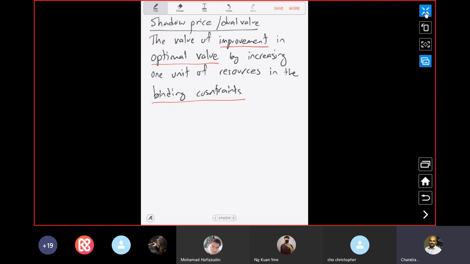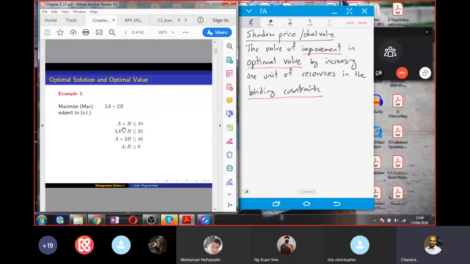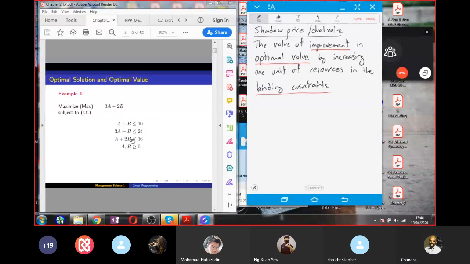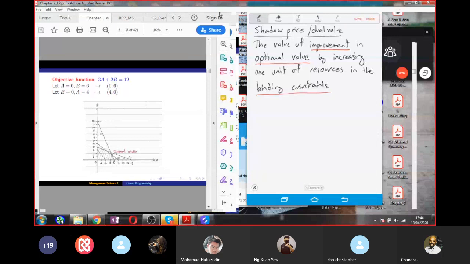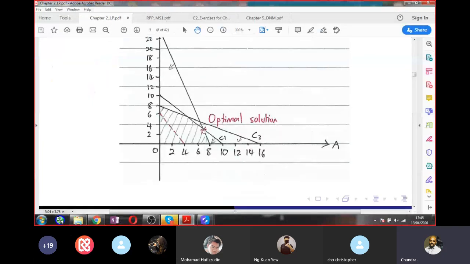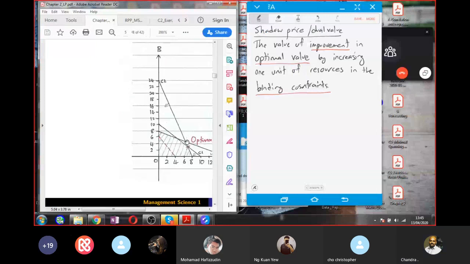When we do this question, first example, what would be the binding constraint? Okay, the binding constraint here is, if you look properly, the constraint that develops the optimal solution, that is C1 and C2. So right here C1 and C2.